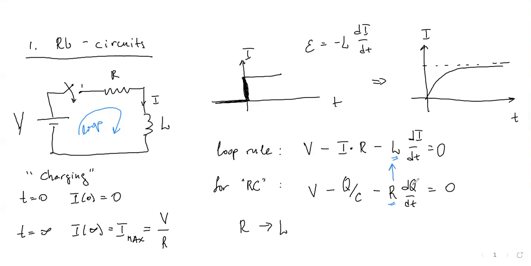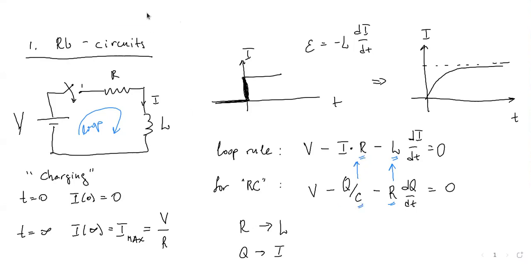Of course, I have to replace charge with the current now. I have to replace resistance with inductance, and a little bit less trivial, I have to replace coefficient 1 over C with resistance.